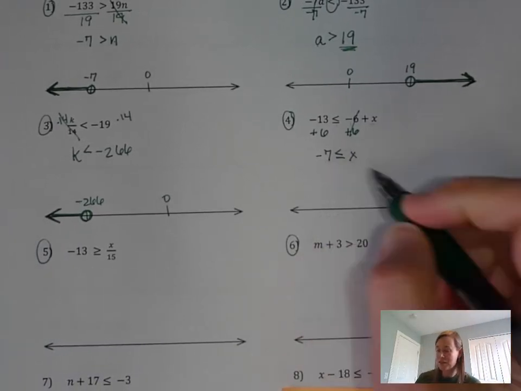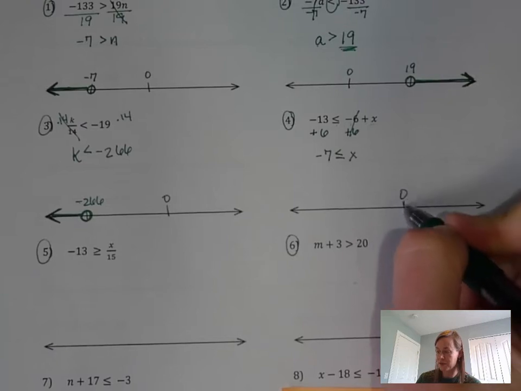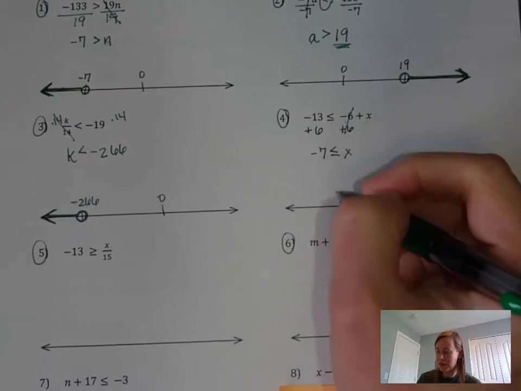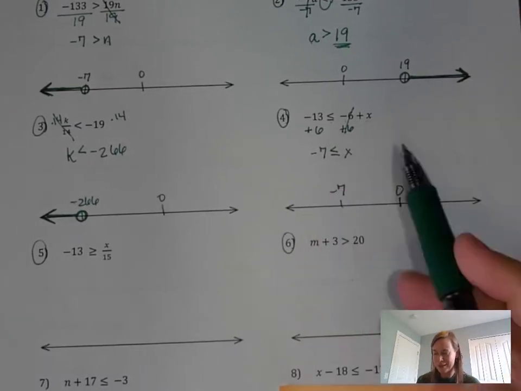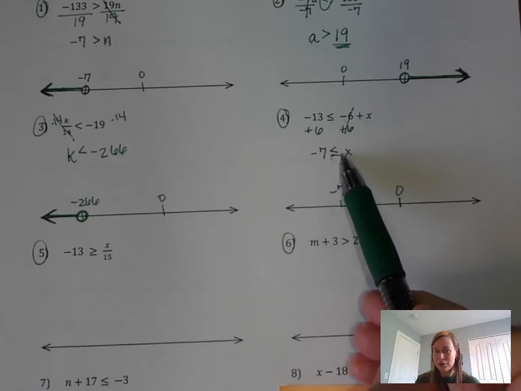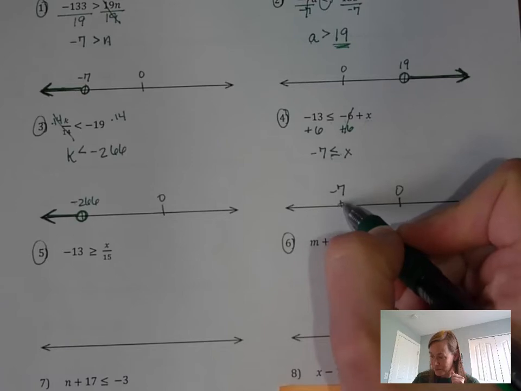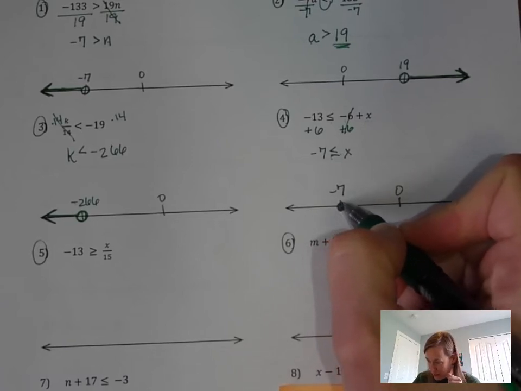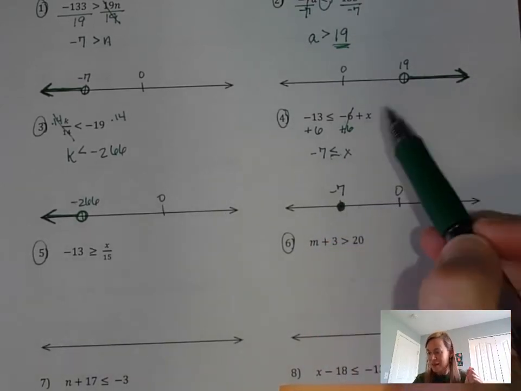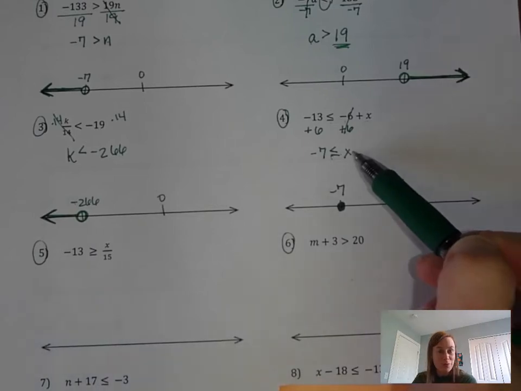Let's put negative 7 on the graph. So put a 0 there. Negative 7 can be off to the left, anywhere you want it. Now this time I have the or equal to part of the sign, so that means I need to fill my dot in. All right, filling in the dot. Now I'm going to read backwards, from the variable.